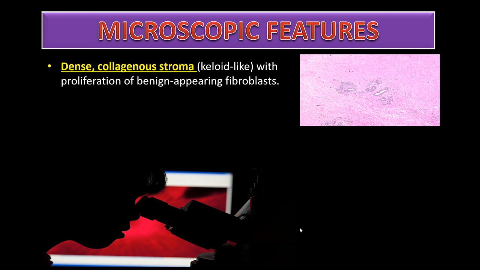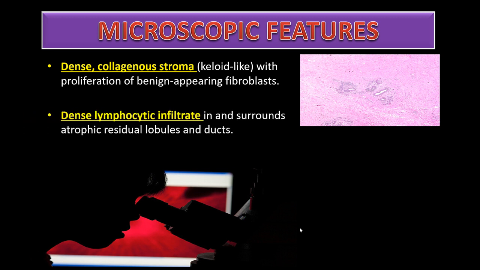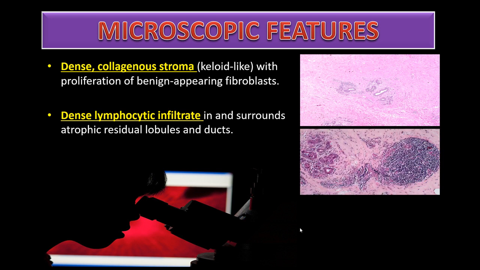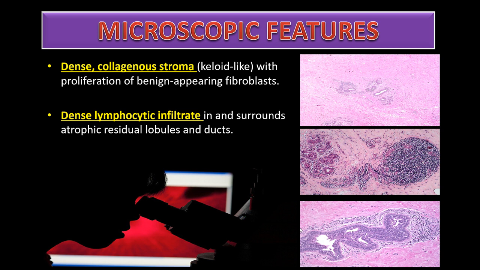Microscopic features of diabetic mastopathy. It shows dense collagenous stroma, keloid-like, with proliferation of benign fibroblasts. Dense lymphocytic infiltrates in and surrounding atrophic residual lobules and ducts.